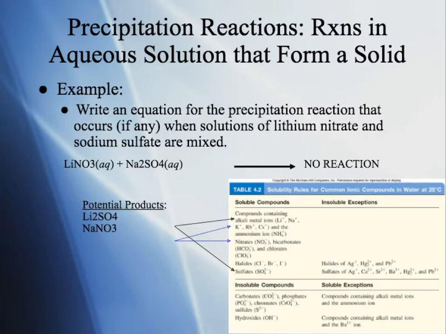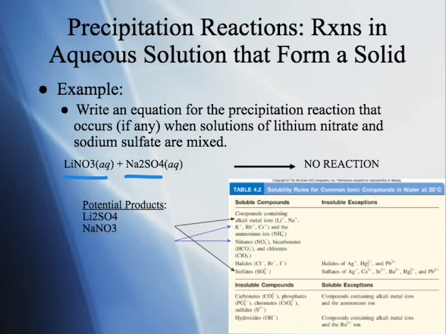All right, so here's an example. Write an equation for the precipitation reaction that occurs, if any. Because remember, sometimes precipitation reactions don't occur, and so that's what we actually need to find out. So write the equation when solutions of lithium nitrate and sodium sulfate are mixed. All right, and so we've got lithium nitrate here, and we've got sodium sulfate.